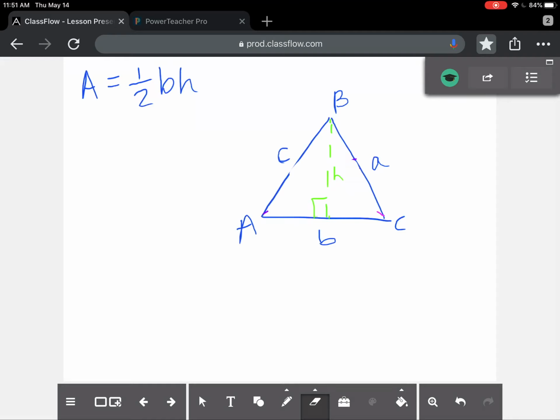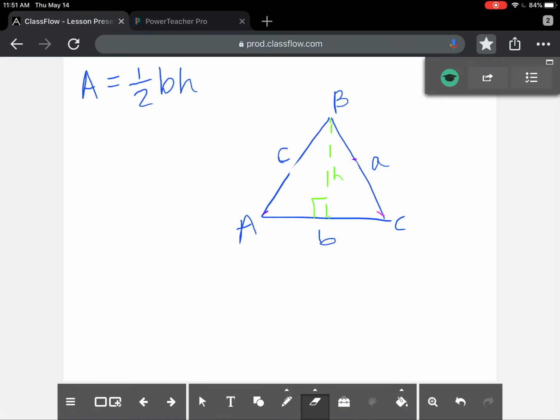We're not working with right triangles today. So the reason we are doing this height is to create a right triangle inside of it.